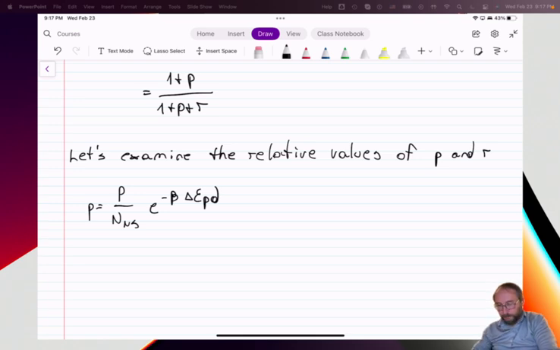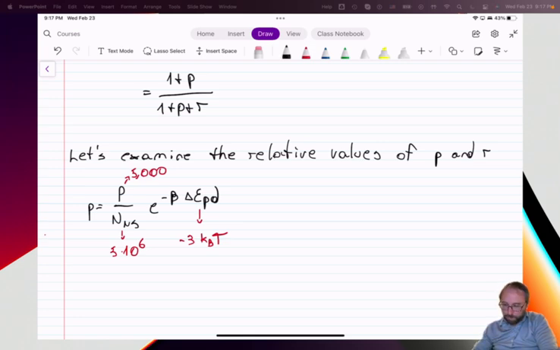Okay, and what are these saying? This is around 5,000. This we know is 5 times 10 to the 6, and this is about, for the lac promoter, minus 3 kBT.